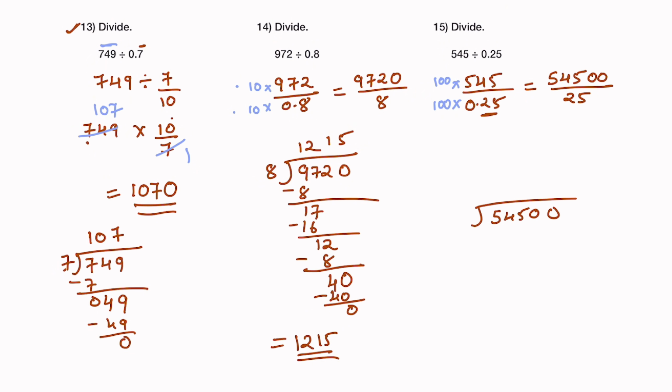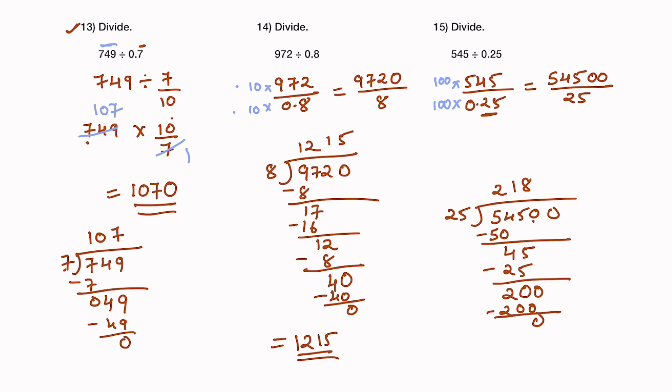54500 divided by 25. So 25 goes in 54. How many times? Twice. That's 50. Then we have 4, and that's 5 there. So it goes once, that's 25. So we have 20 left here, and we take this 0 down now. So 25 goes 8 times in 200, right?